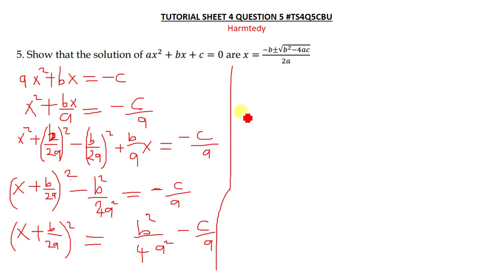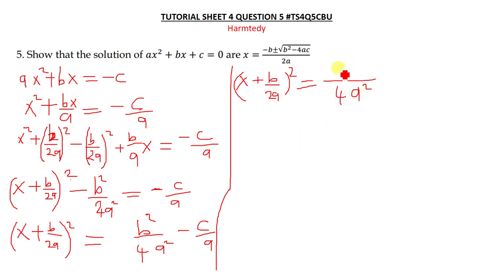We can simplify it by saying this side will still have x plus b over 2a, then squared, is equal to, when you simplify this part, the common denominator is just 4a squared.